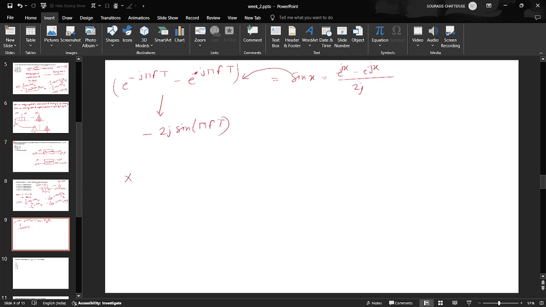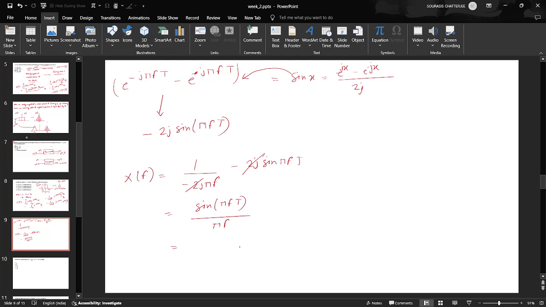So what we obtain as the Fourier transform, we already have 1 over minus 2j pi f, and here we have minus 2j sin(pi f T). Now this minus 2j cancels, and we are left with sin(pi f T) by pi f.